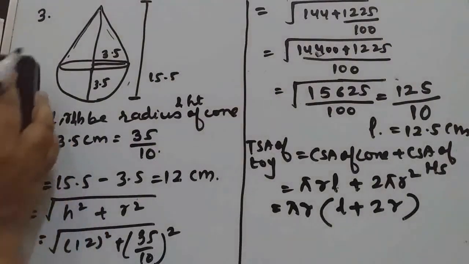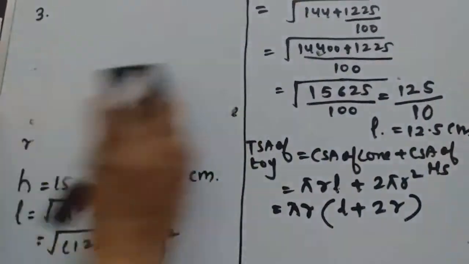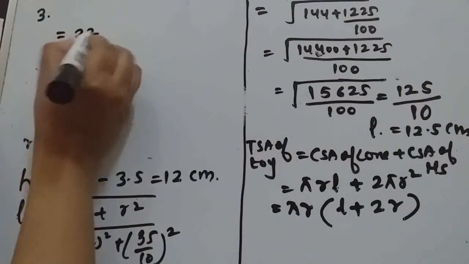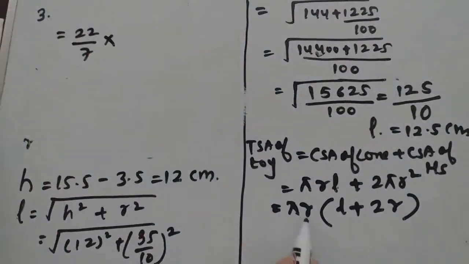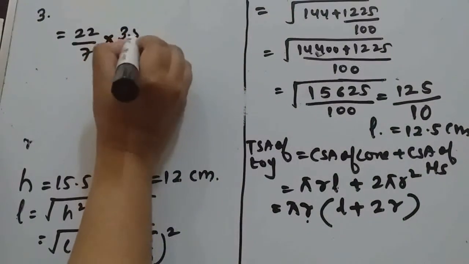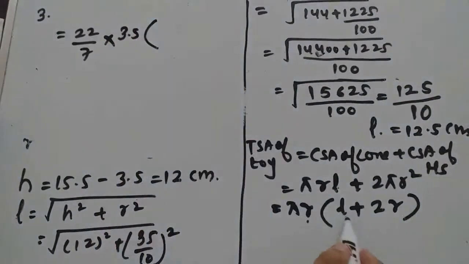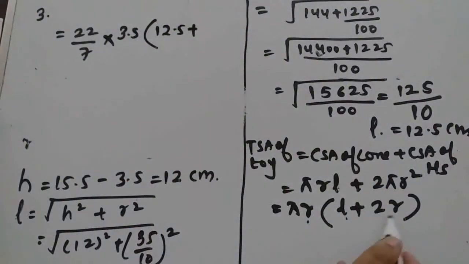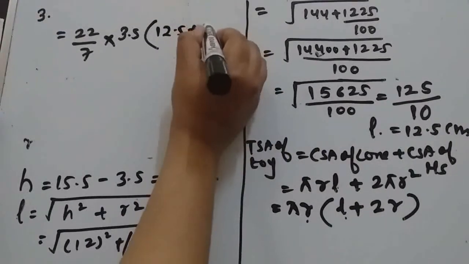Okay, so we will write here pi is 22 by 7, R is 3.5, L we got 12.5, and 2R means 2 into 3.5.